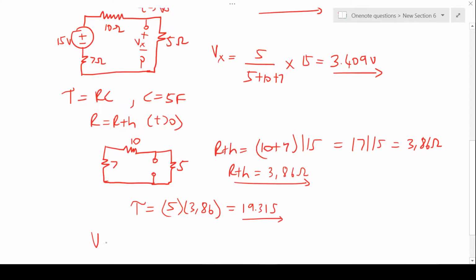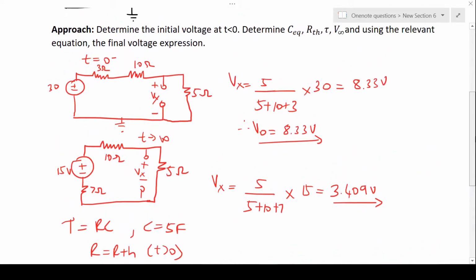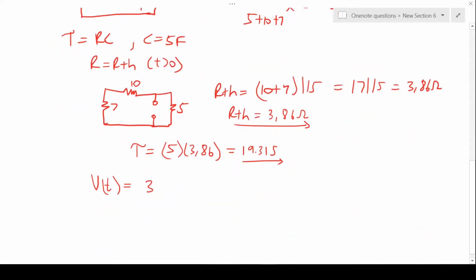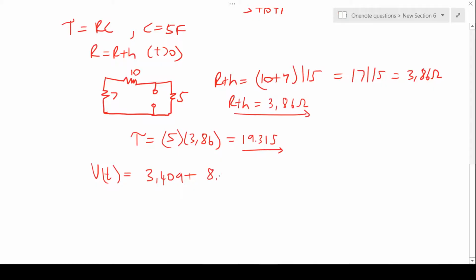And finally, we can say V(t) is going to give you the voltage at time t equals infinity, which is 3.409, plus the initial voltage 8.33 minus 3.409, times e to the negative t over 19.31.